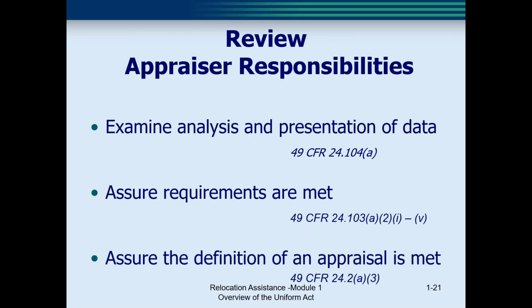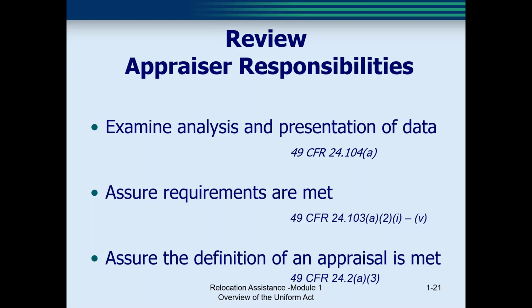So if you remember from a couple of slides ago, we discussed that the Uniform Act requires a review of all appraisals prior to the agency establishing just compensation or fair market value. Here are a few of the major appraisal review requirements.